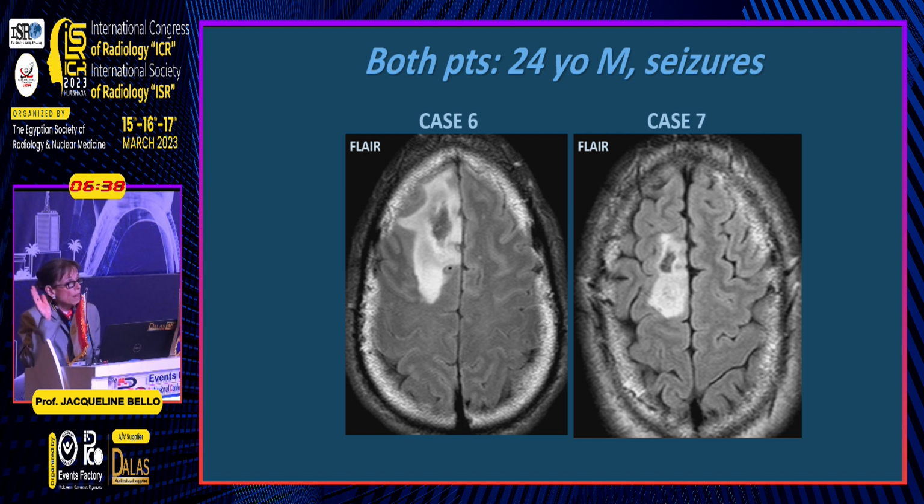Finally, you can't make this up. These are both 24-year-olds. They're both male, and they both presented with seizures inside of the same week. These are right frontal lesions that look strikingly similar on FLAIR imaging. We're going to refer to them as case 6 and case 7.